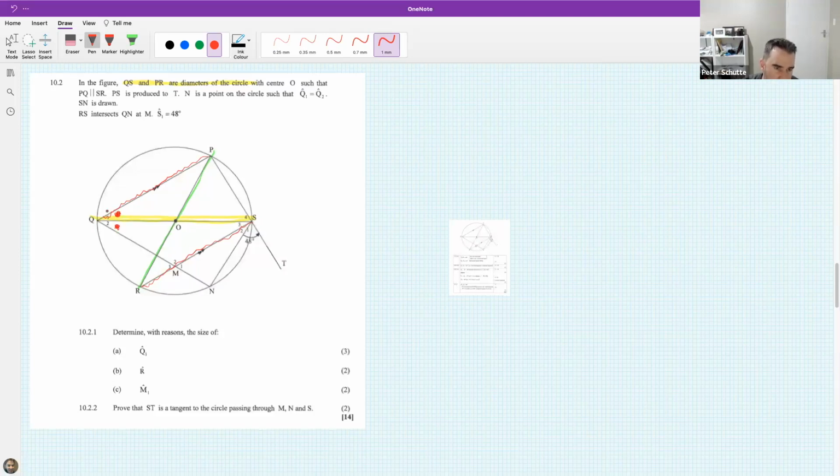They are telling us to start with. So that's useful. And then it says S1 is 48, which is down here. Okay, I want you to try and find me the answers for A, B, and C, which is Q1, R, and M1. See what you can do.